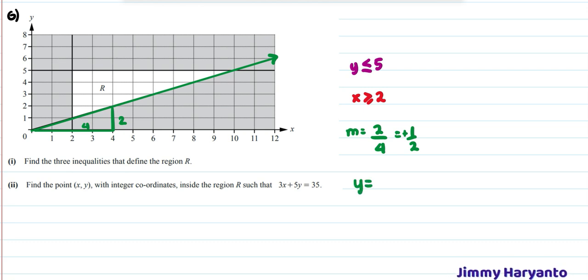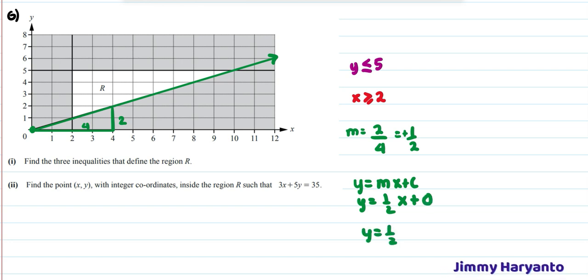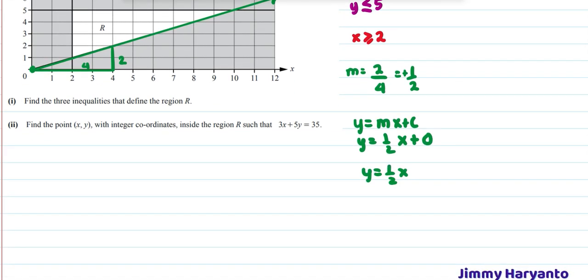And then we will use y equals mx plus c, because we already know the y-intercept. Yeah, it will be easier if we use this formula. So c equals 0, so you will have y equals half x. And because the region is above the line, it has to be y greater than or equal to half x. There you go. This is how you do it.